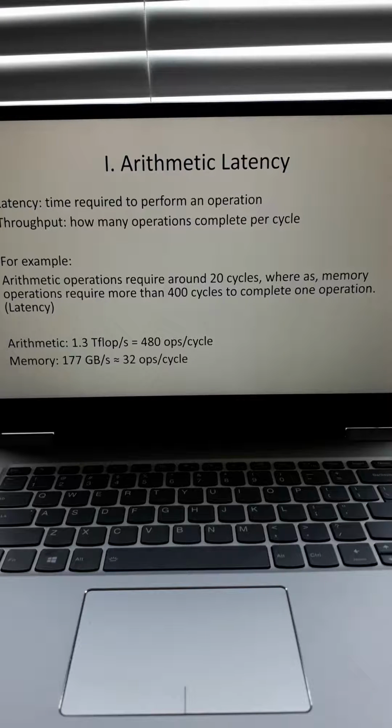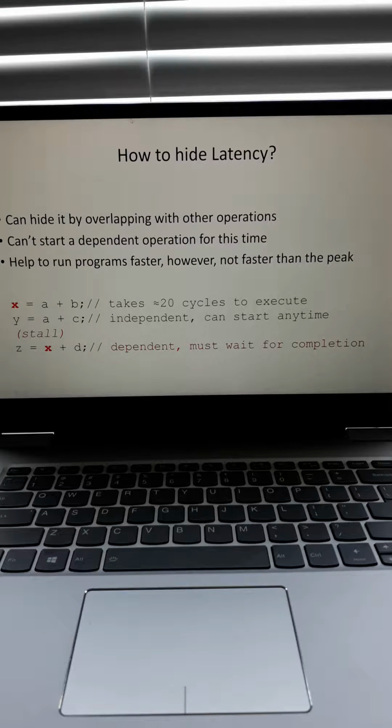This is latency. On the other hand, arithmetic operations have a throughput of 480 operations per cycle, while memory operations have a throughput of 32 operations per cycle, which is around 177 gigabytes per second. This is throughput. Now, how to hide latency?